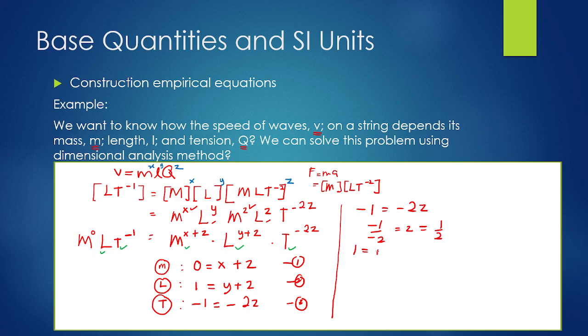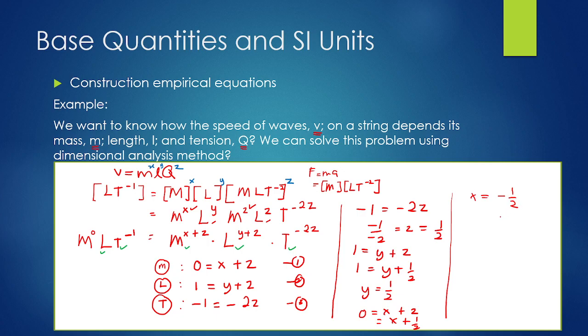So 1 equals y plus 1 over 2, so y equals 1 minus 1 over 2, which is 1 over 2 also. Now you have z and y, and you have to get x. So 0 equals x plus z, where z is 1 over 2. There you have x equals negative 1 over 2.